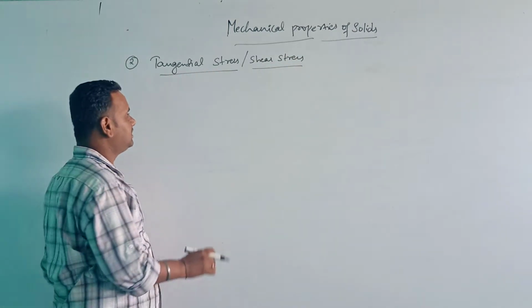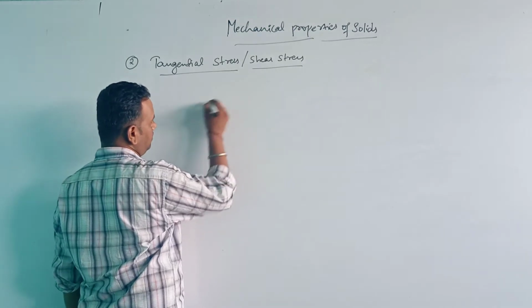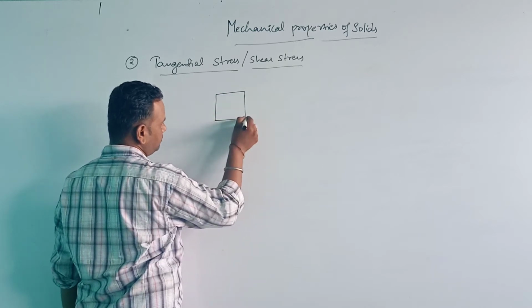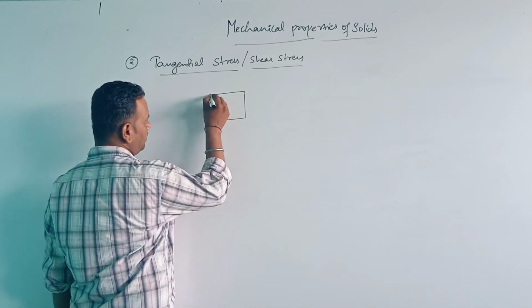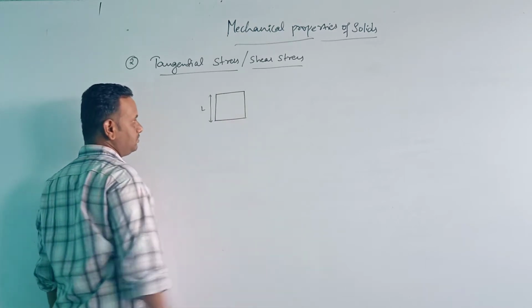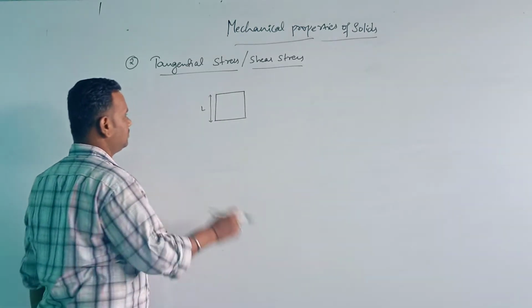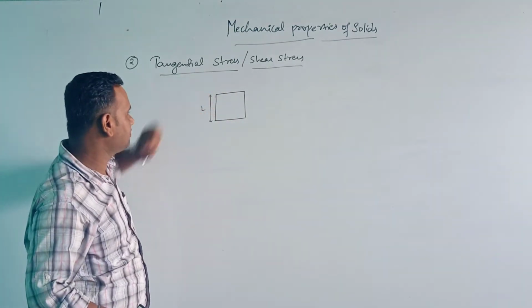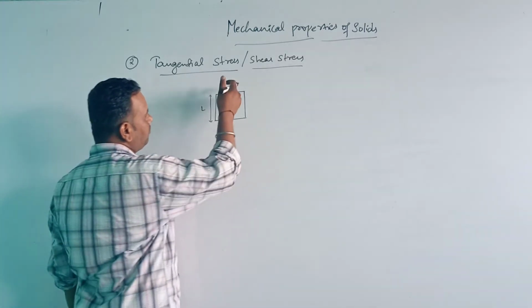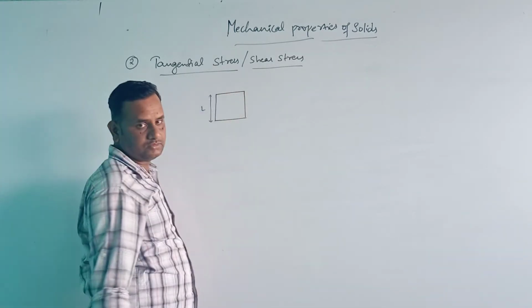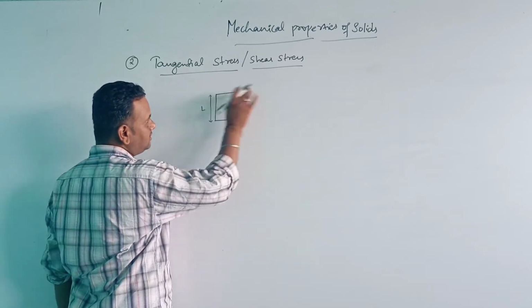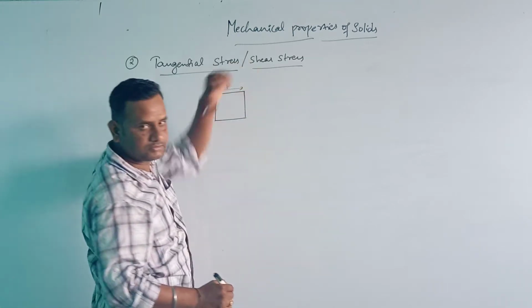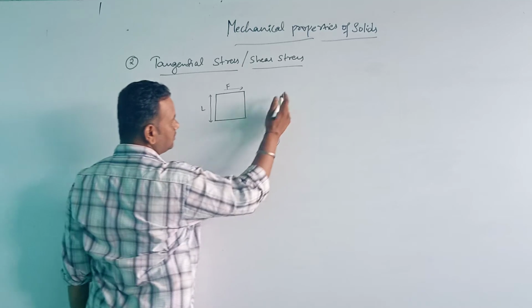Let us consider a box, an object whose sides have a length L. Now if I apply a force on this box tangentially, like this, what happens here?